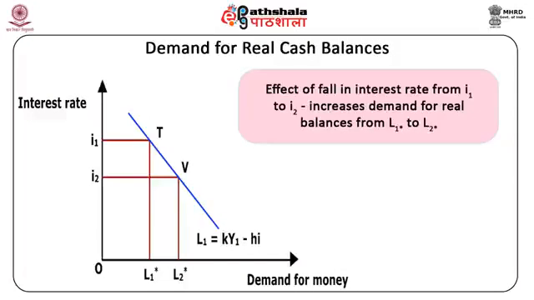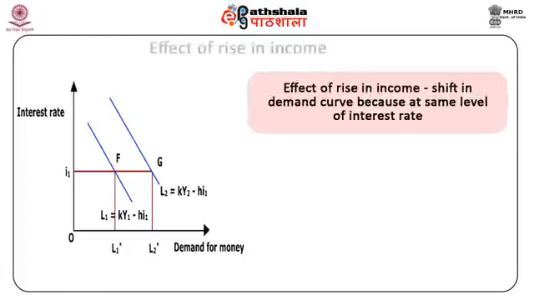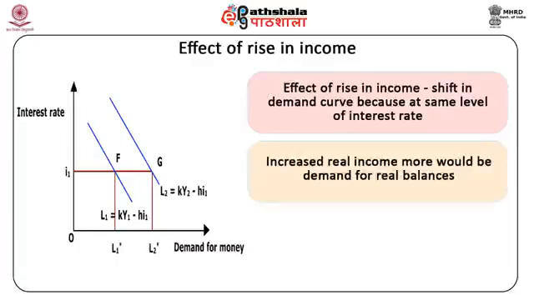The effect of a fall in interest rate from I1 to I2 is that it increases the demand for real balances from L1* to L2*, shown by a movement on the demand curve from T to V. The effect of a rise in income can be shown by a shift in the demand curve because at the same level of interest rate with an increased real income from Y1 to Y2, more would be the demand for real balances, L1* to L2*.